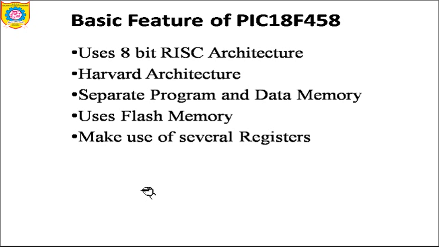These registers are mapped as memory locations, and they are called special function registers. The maximum size of the program counter is 21 bits, and the data memory is accessible up to 4 kilobytes. These are the important features of the PIC18F458 family.